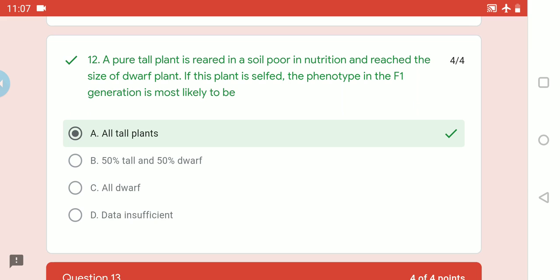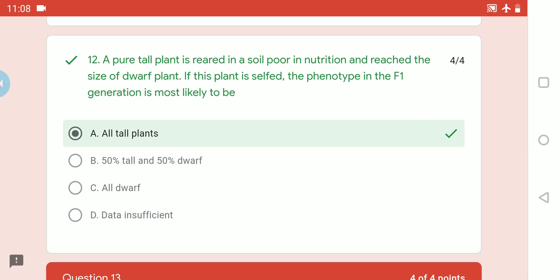Okay, then genetically it is actually a pure tall plant only. Then if this plant is selfed, if we consider capital T crossed with capital T, what will we get? If this plant is selfed, the phenotype in the F1 will be all tall plants only. Did you get it?